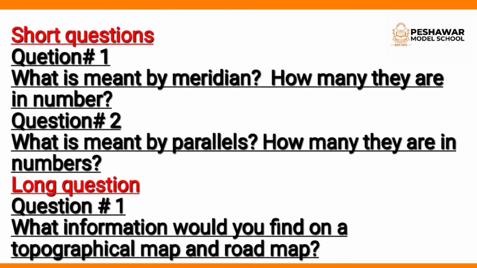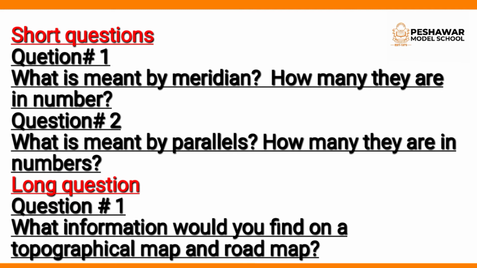Now in this exercise we will discuss 2 short questions and 1 long question. The first short question is, what is meant by meridians? How many are there? Question number 2, what is meant by parallels?